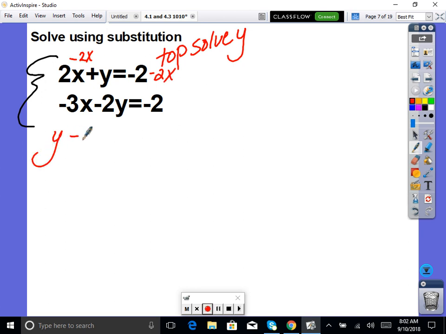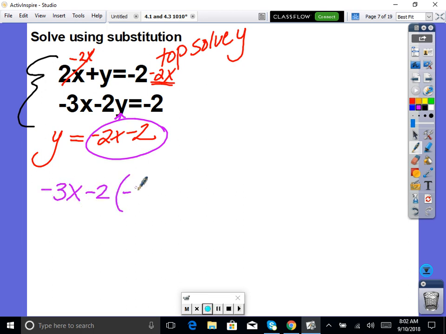So we have y is equal to negative 2x minus 2. And now we can substitute that into the other equation wherever there's a y. So that's going to go right there. Negative 3x minus 2 times negative 2x minus 2, replacing that y, equals negative 2.